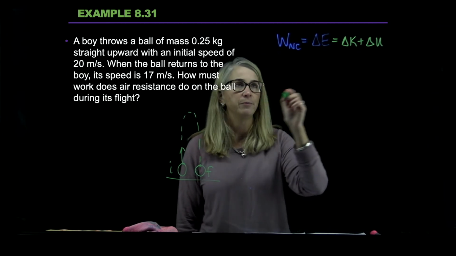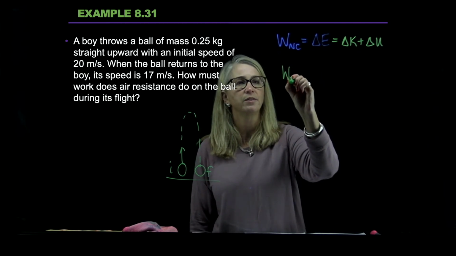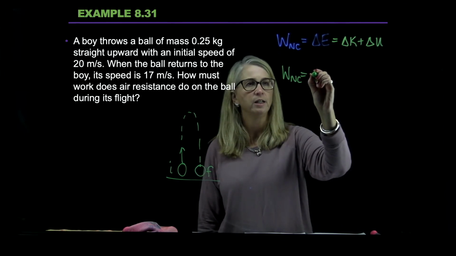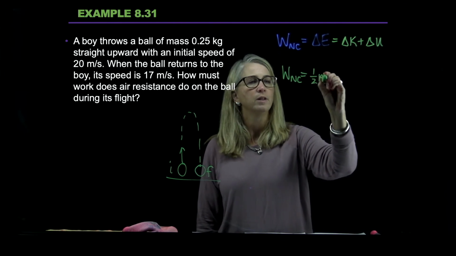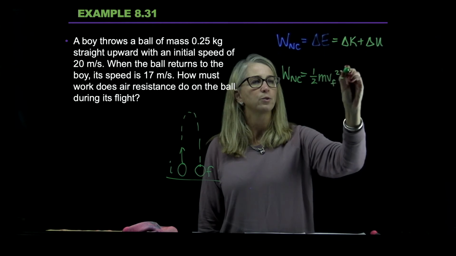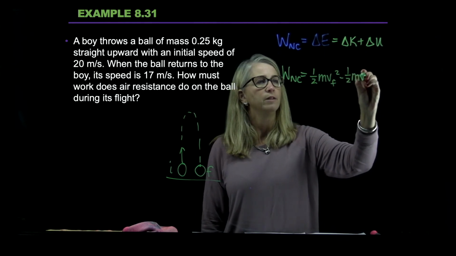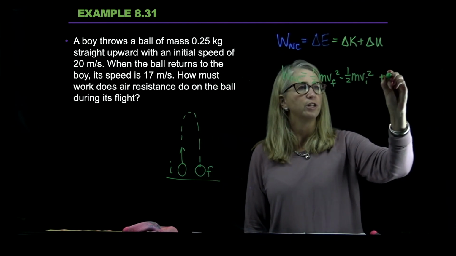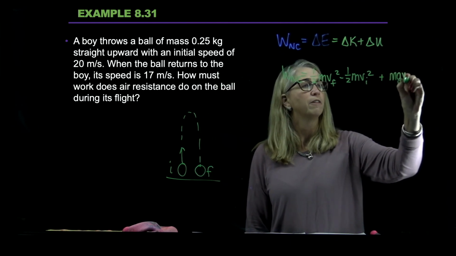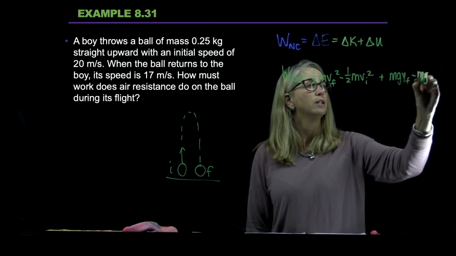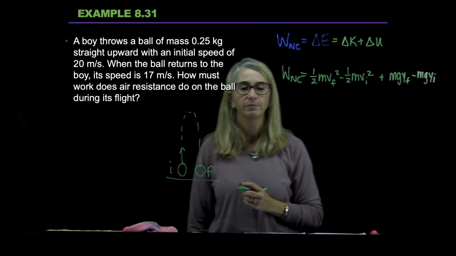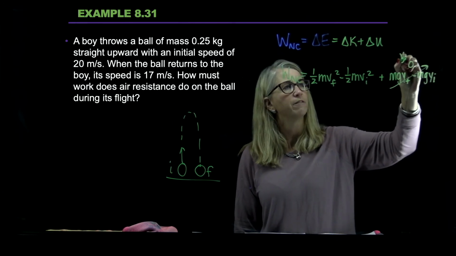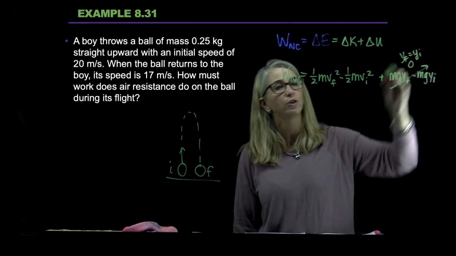The change in kinetic energy is 1/2 m v final squared minus 1/2 m v initial squared. The change in potential energy is m g y final minus m g y initial. This is actually equal to 0 because y final is equal to y initial.